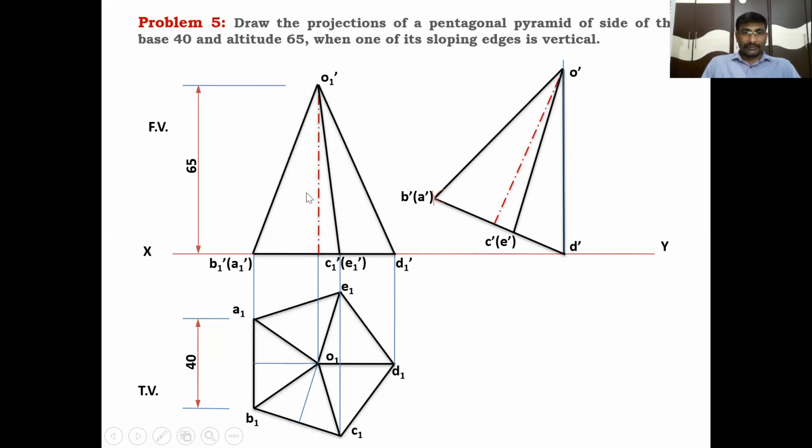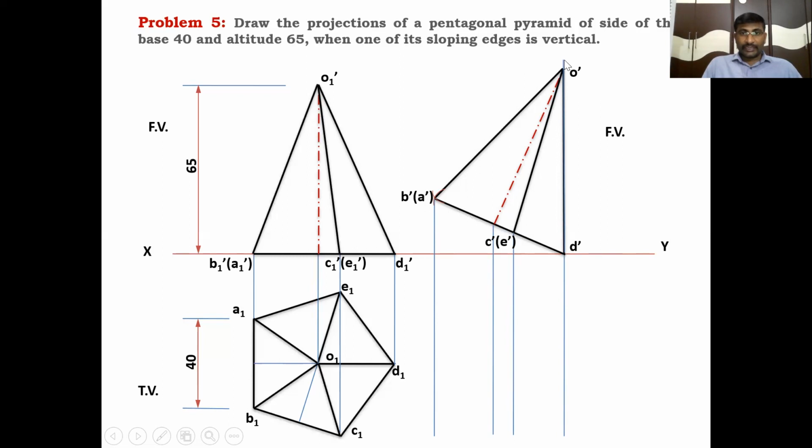Like this, you have to transform this solid into this position. Clear? In this case, one of the slope edges is vertical here. We follow the condition given in the problem. That is the front view. After getting the points in the front view, draw the projection lines from B dash of A dash, from the axis point, from C dash of E dash, and from D dash.